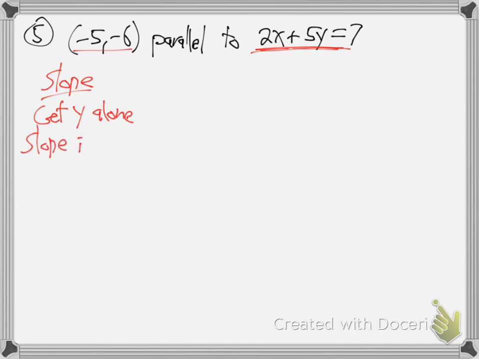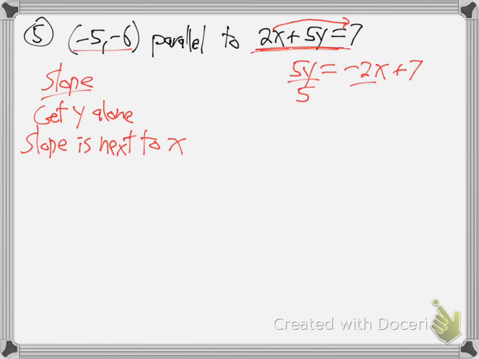Slope is next to x. It'll be the fraction next to x. So jump the 2x over here, we get 5y is minus 2x plus 7. Divide through by 5.